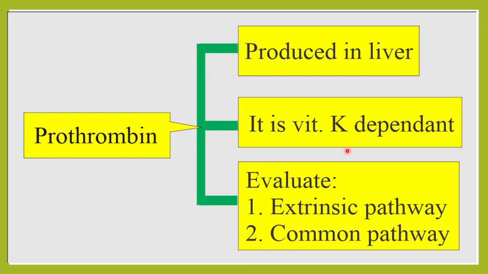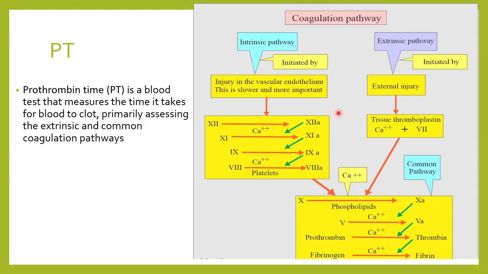These are the vitamin K dependent factors. So this prothrombin is an important protein which helps in evaluating the extrinsic as well as the common pathway. We have studied in detail about this protein prothrombin in our previous class.